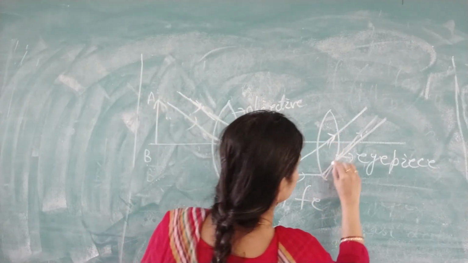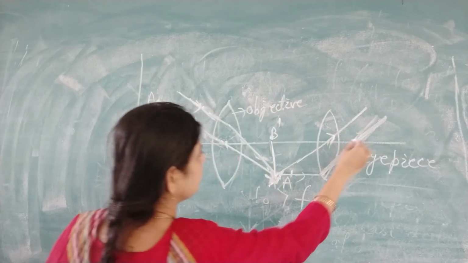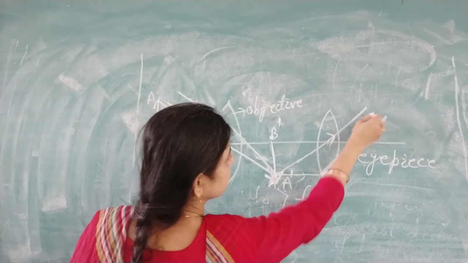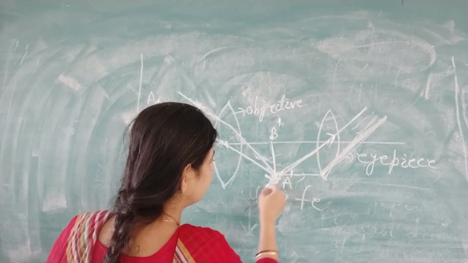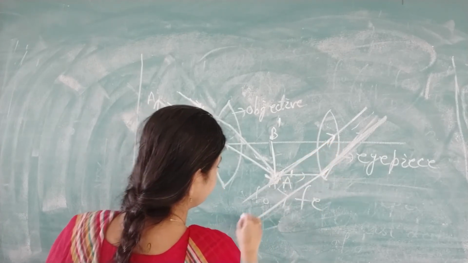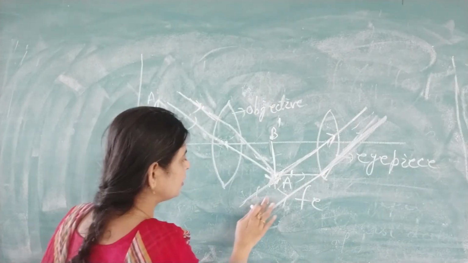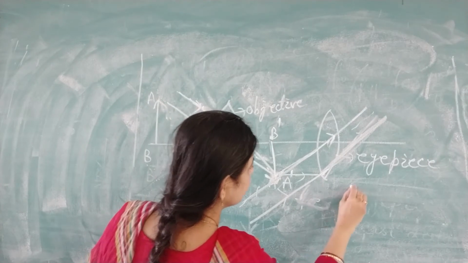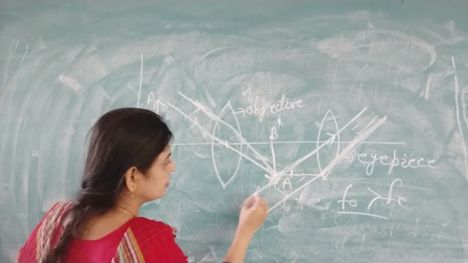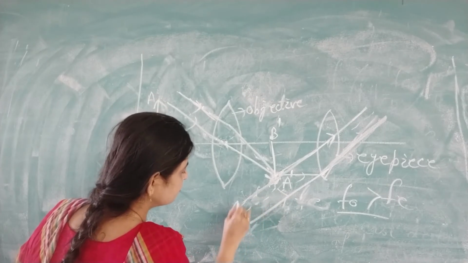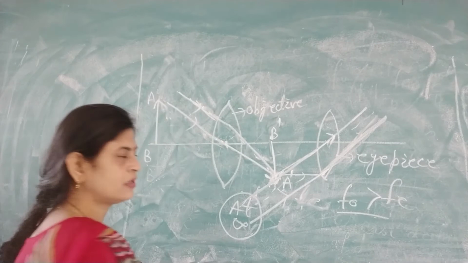Now mark two refracted rays. They are parallel to each other. That means if you extend them, they will never intersect each other. Or in other words, you can say the image is also formed at infinity.